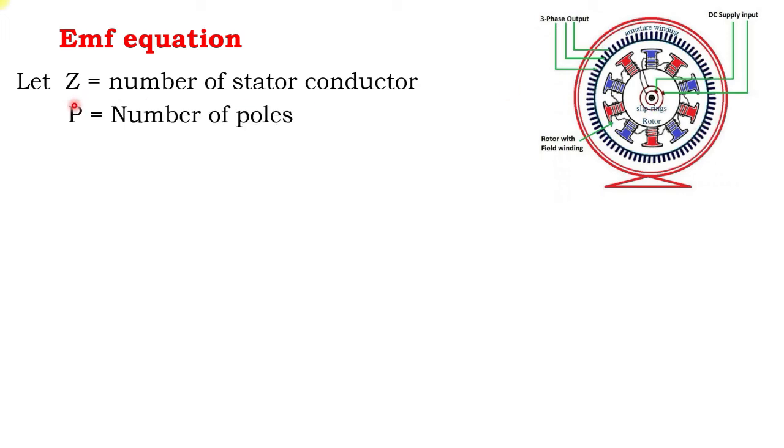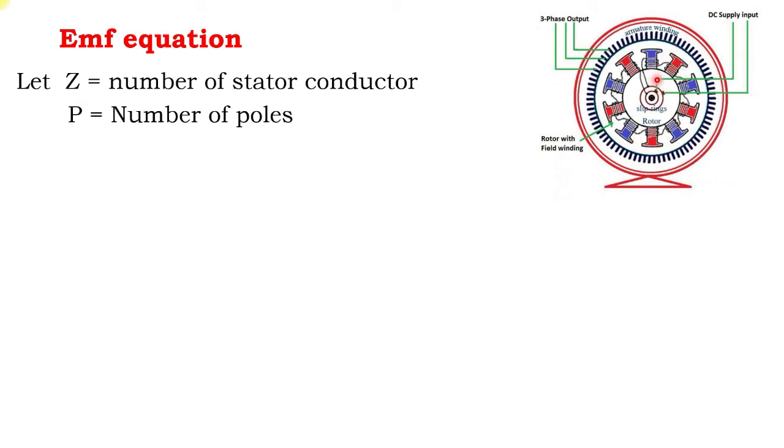Now we'll see the EMF equation of the generated EMF. First, Z is nothing but the number of stator conductors. Here you can see that there are n number of slots available. The slots carry a number of conductors, and that number of conductors is indicated by Z here. Then P is the number of poles. We can see that various poles are available.